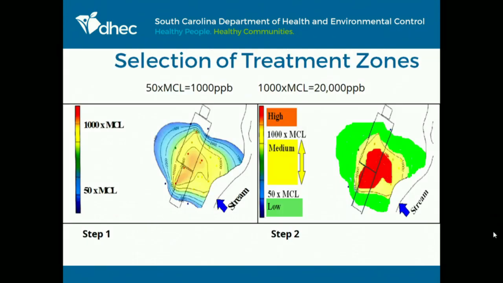So the reddish, yellowish becomes 1,000 times the MCL, and then 50 times and less. And that's the first step. And then the second step is looking at high, medium, and low. You can actually divide that plume into different parts. And no, you don't average. You just do a spatial analysis of what makes sense to you.